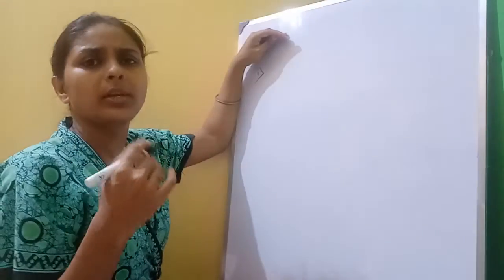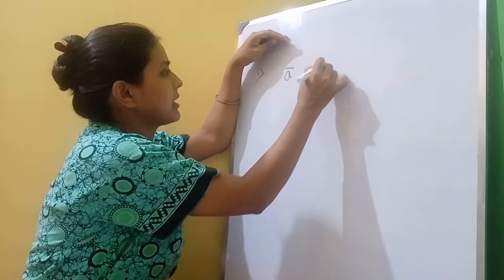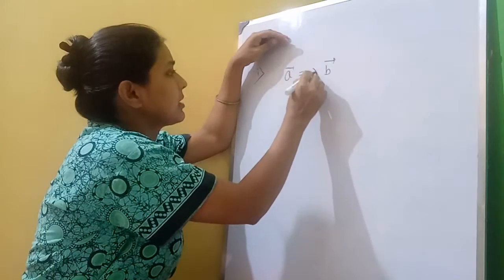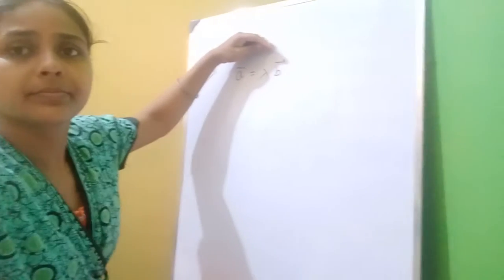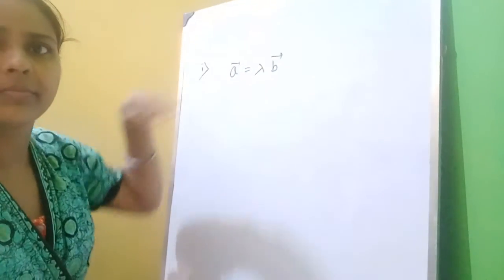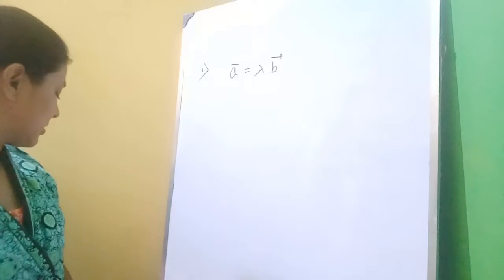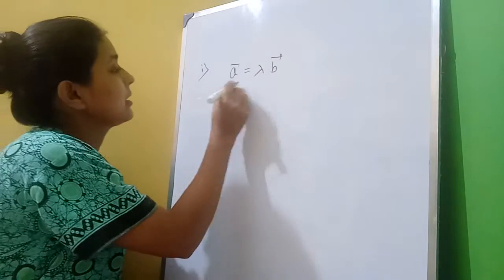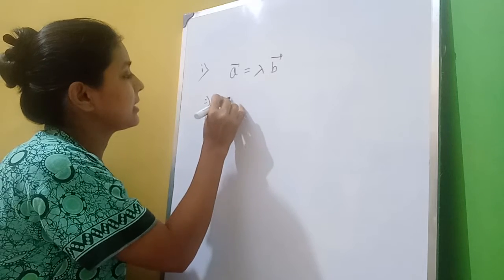Suppose A vector and B vector are collinear vectors, then we can write A vector equal to lambda B vector, where lambda is a scalar.